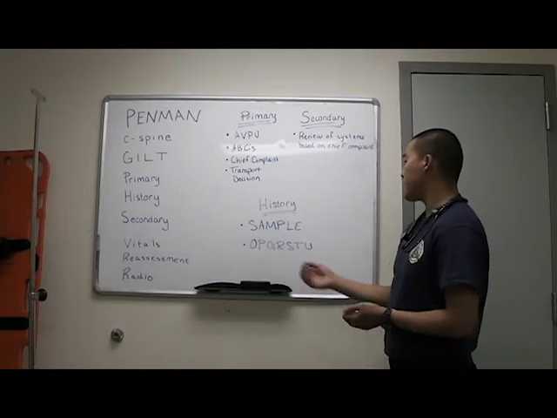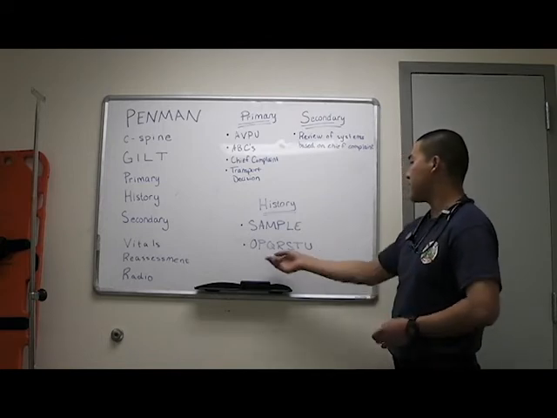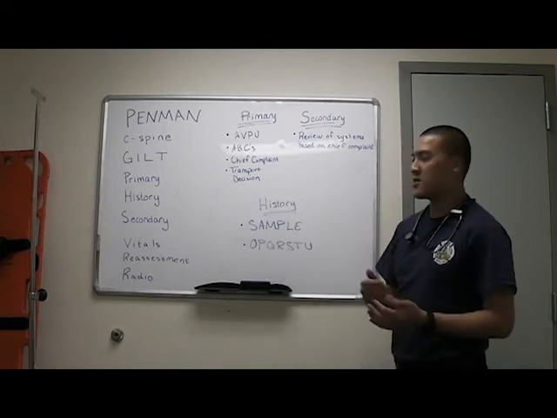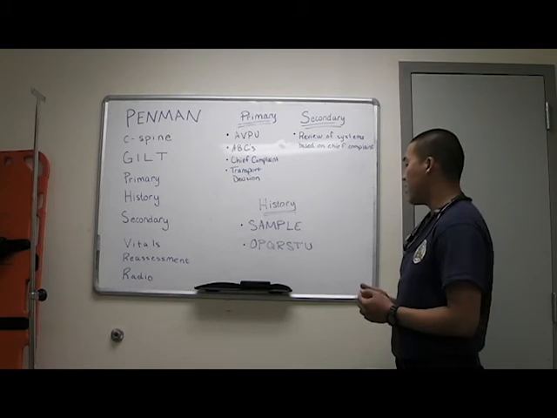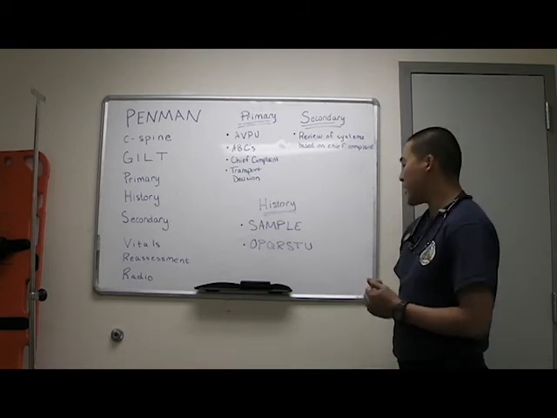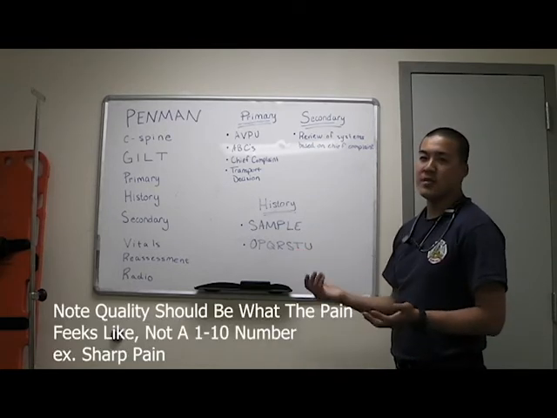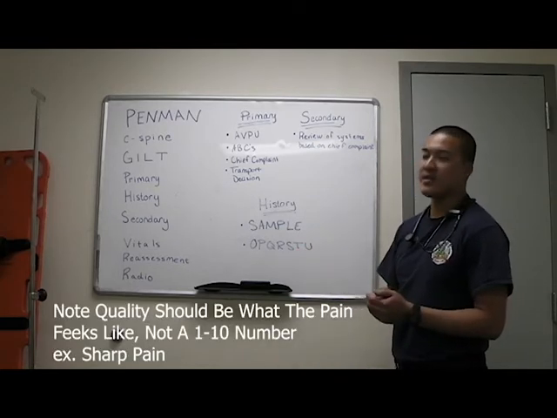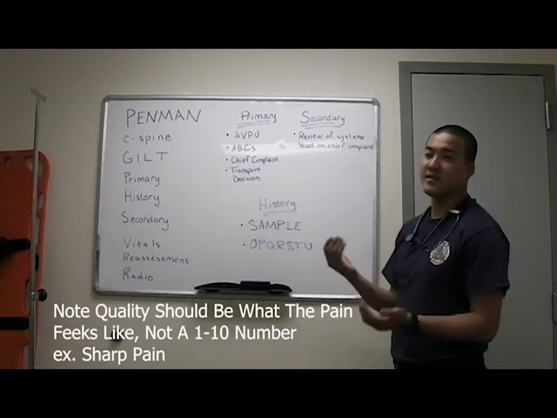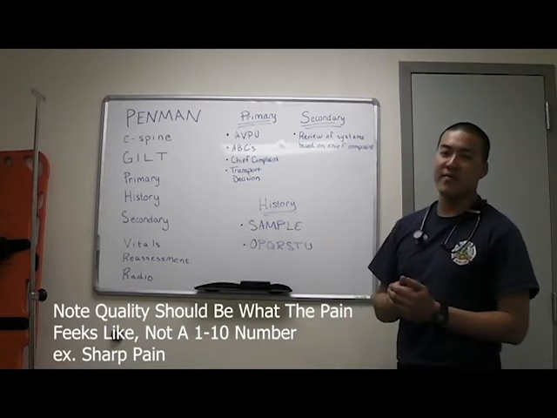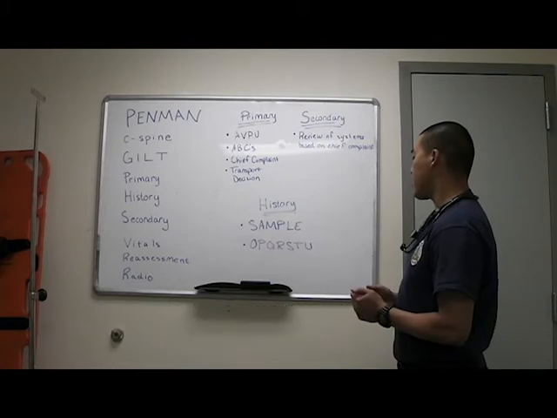And then based off of what the chief complaint was, you're going to do an OPQRST, so onset, the onset of pain, provoked, and palliation. So does something make the pain better or worse? And then quality. So on a scale of 1 to 10, how bad is the pain? They may say a 5, they may say a 10. If that is a 10, in that case, you want pain management of some sort.